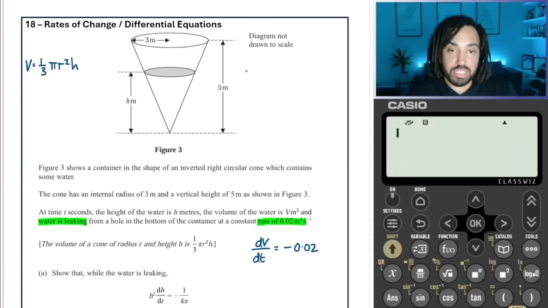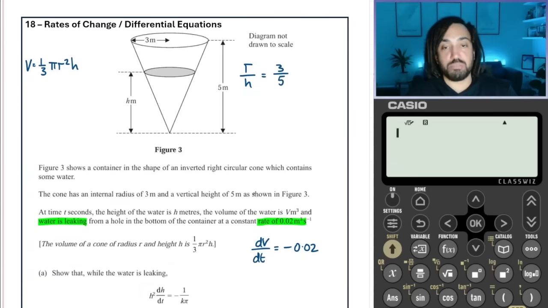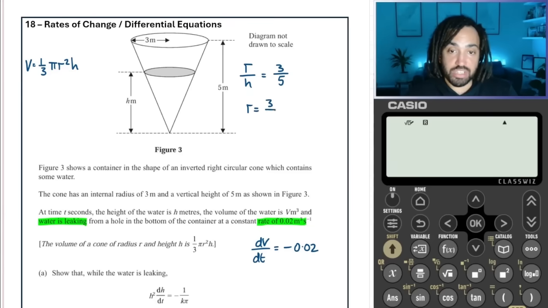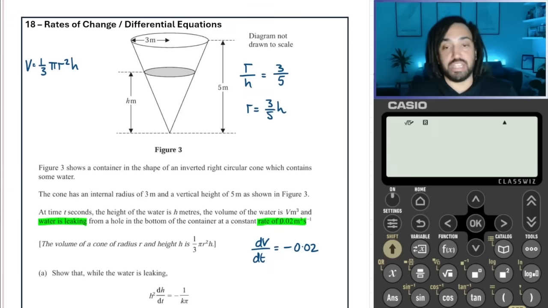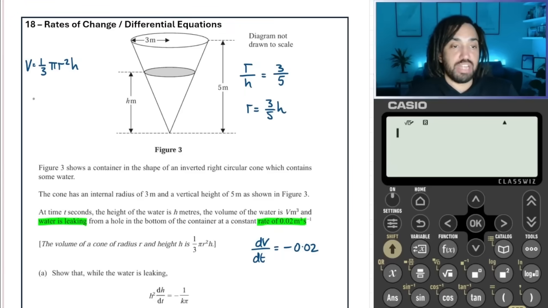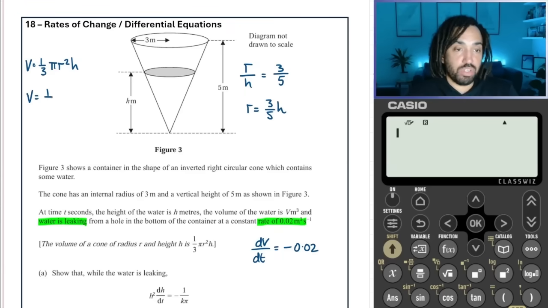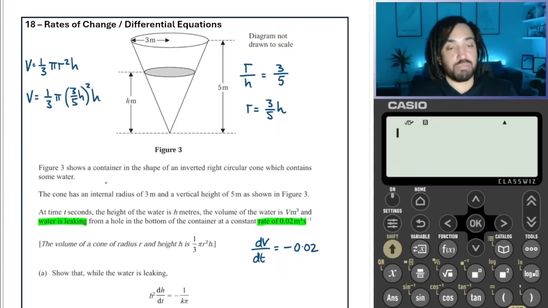So we can say that the radius divided by the height will always equal 3 divided by 5. That way we can find r in terms of h by multiplying through by h. So now we can go to our volume formula and swap out r for 3/5 h, square it, and then times it by h.